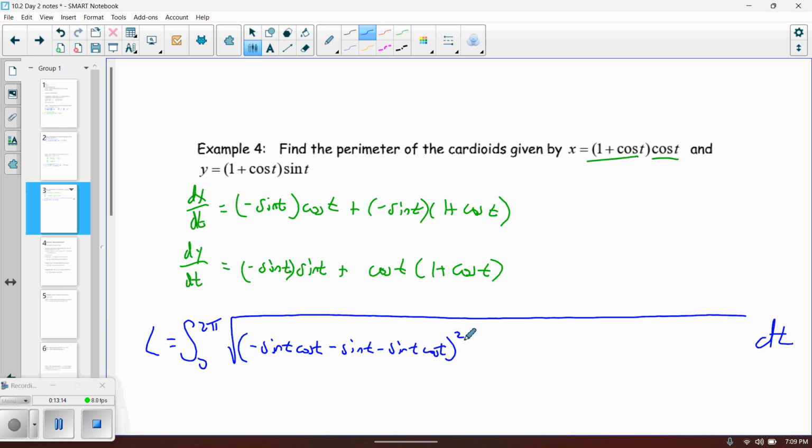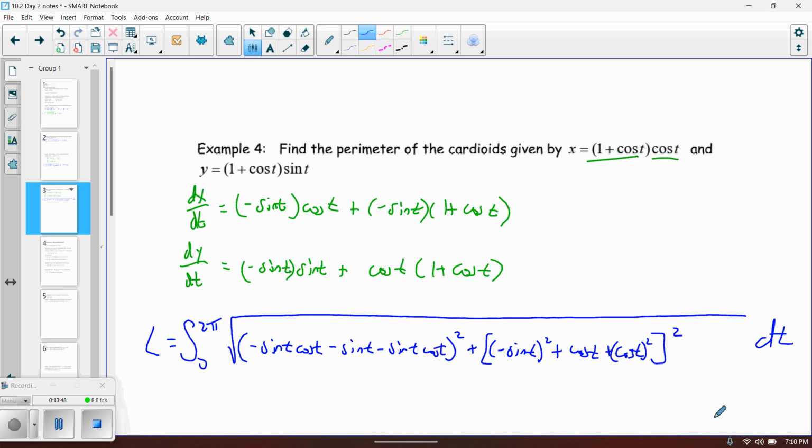Yes, I am aware that that interior will simplify a little bit, and I'll talk about that in a second. Plus, we're going to get negative sine t squared, to put this in a bracket here, plus cosine t plus cosine squared t. And I have to square that whole thing.